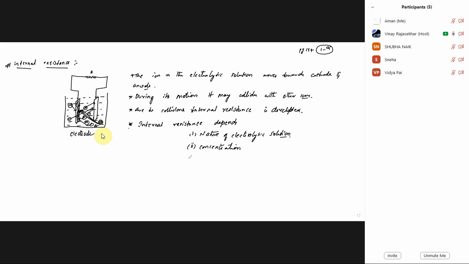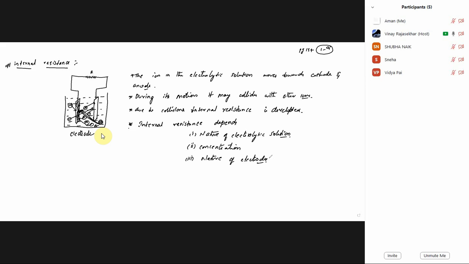And it depends on one more factor, the nature of the electrodes, which type of electrodes we have taken, the material of which the electrodes are made.